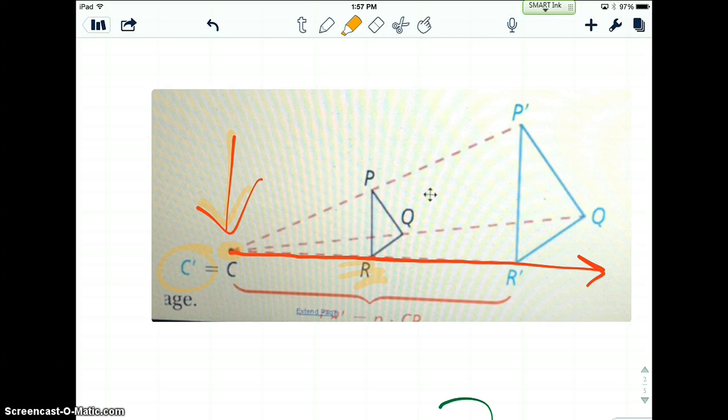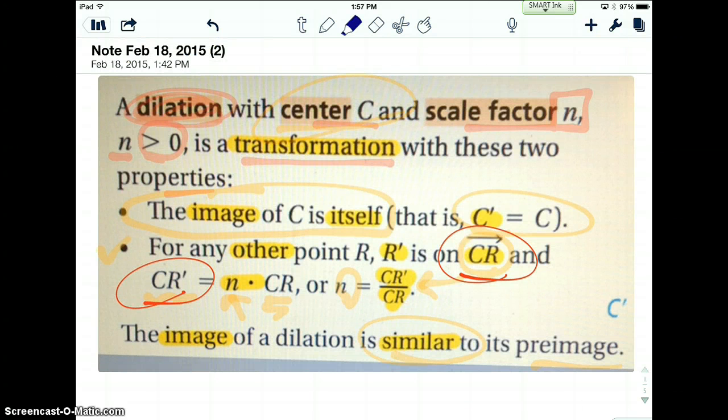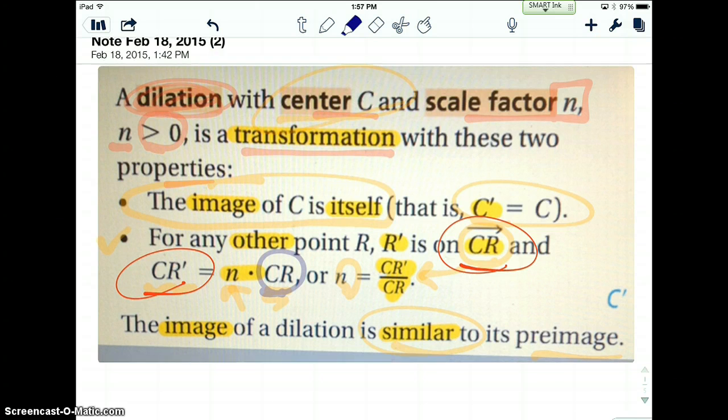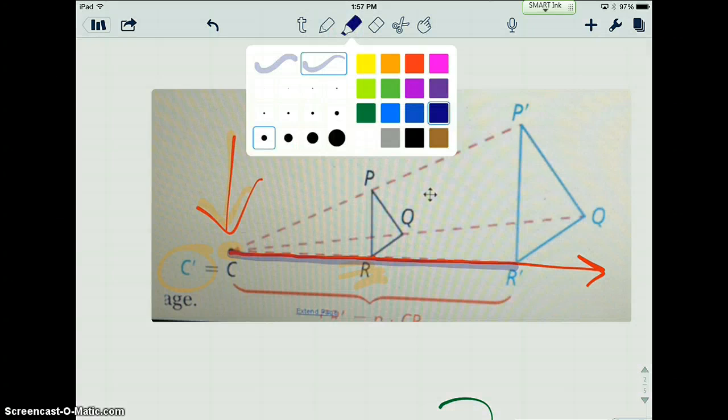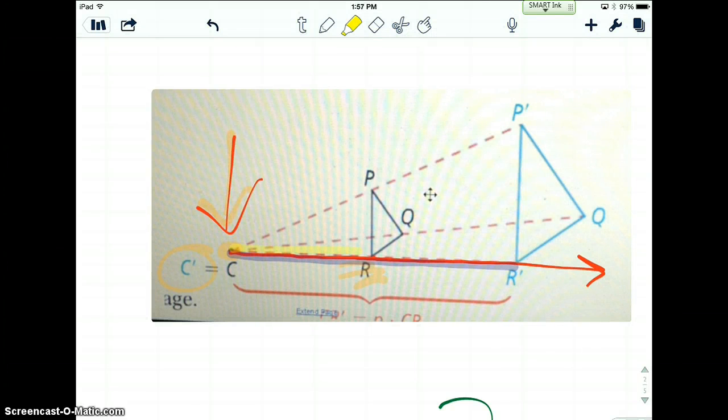So if I were to highlight this in blue from C to R prime, this distance, it says it's the same thing as CR multiplied by N. So this distance here from C to R multiplied by whatever the N is. In this case, it must be like 2 or something, because it looks like it's double. So it's saying off on the bottom here that CR prime is equal to N times that CR. Okay?